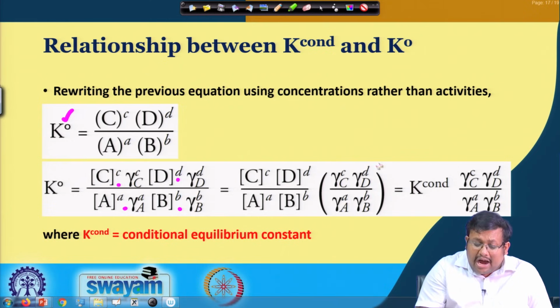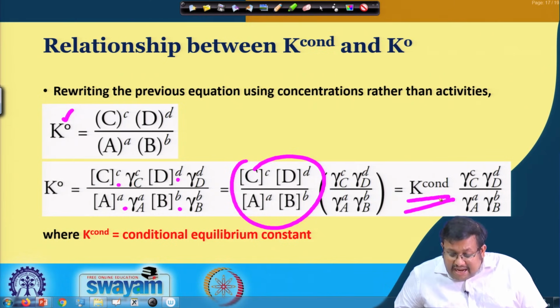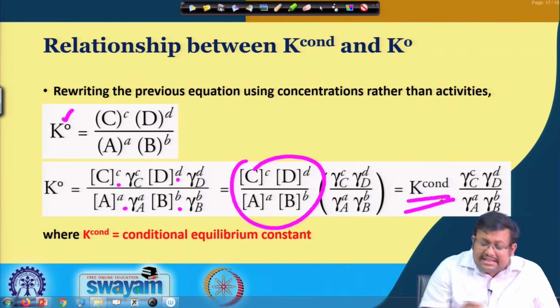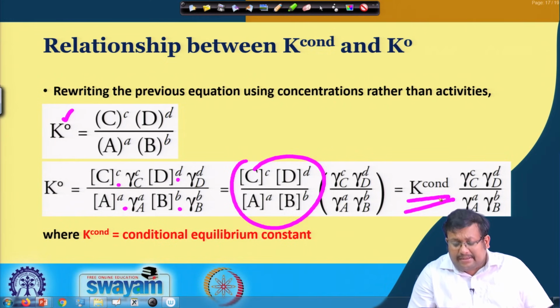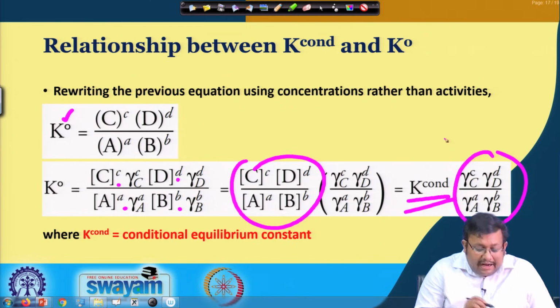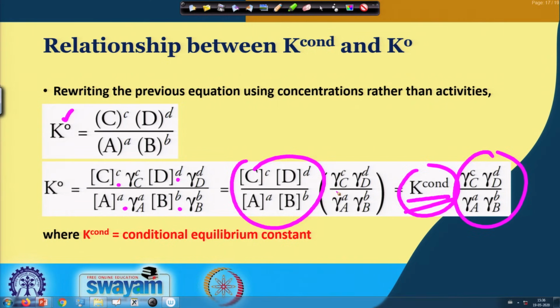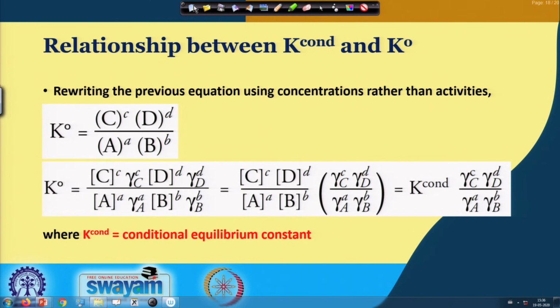Now we know that this term equals the conditional stability constant. So, K0 is the conditional stability constant multiplied by this fraction. The conditional stability constant is also known as the conditional equilibrium constant. So, a thermodynamic equilibrium constant is equal to the conditional equilibrium constant multiplied by this fraction of activity coefficients.